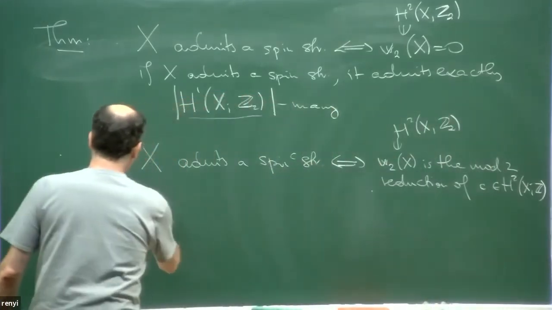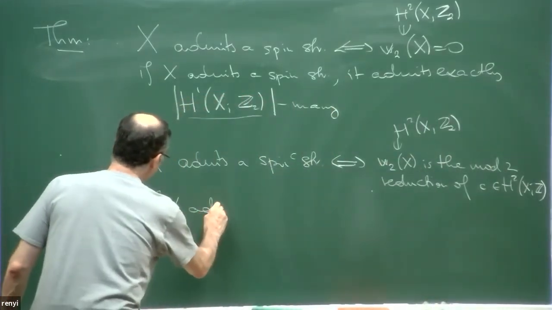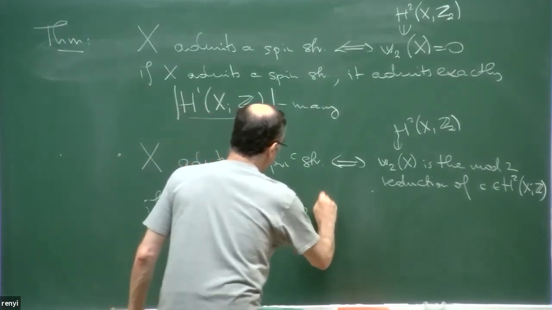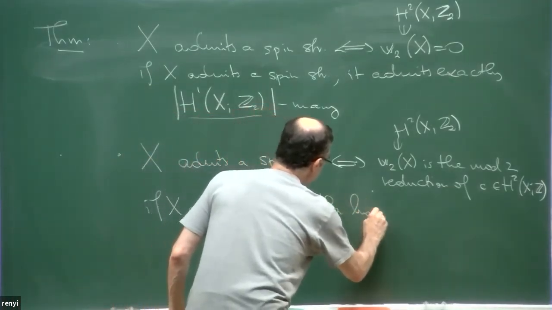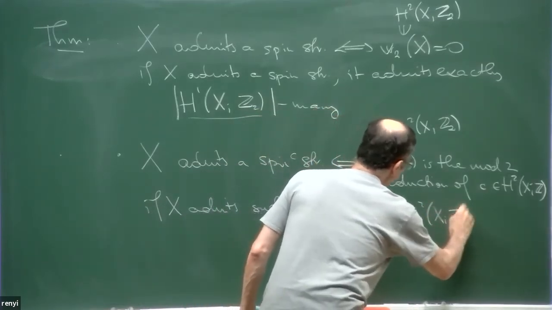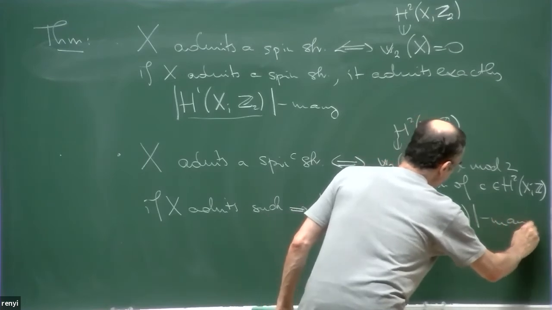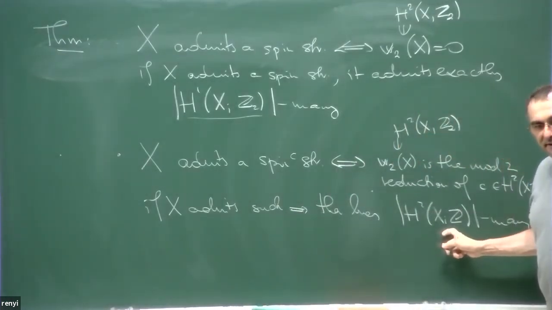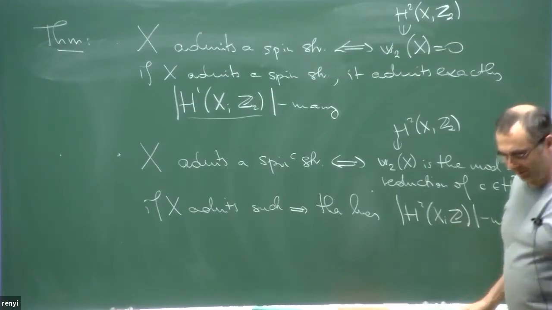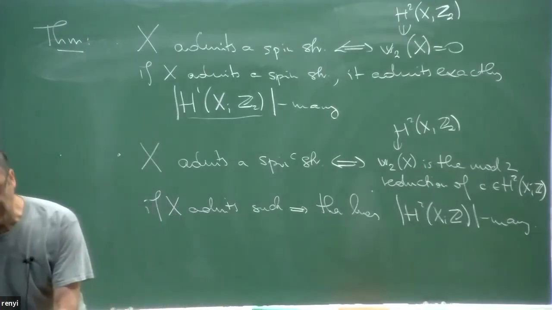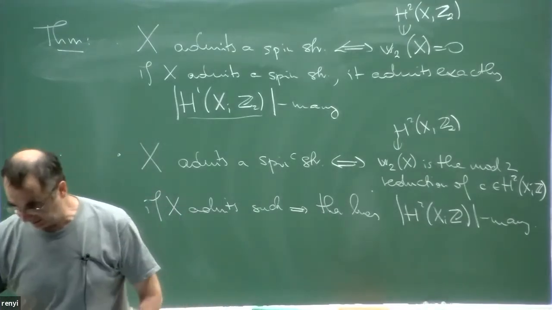And if X admits such a structure, then it has exactly H upper 2 of X with Z coefficients many. So this space parameterizes complex line bundles. So if X admits a spin C structure, then it admits one for every complex line bundle.